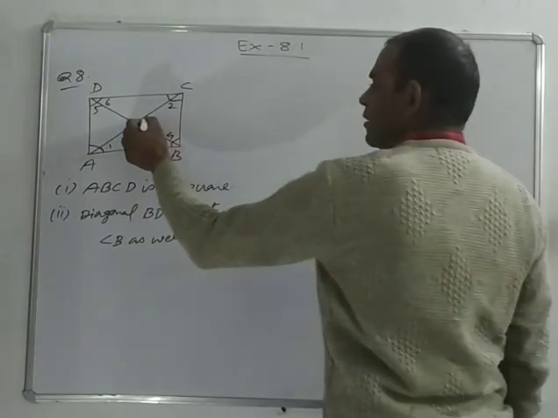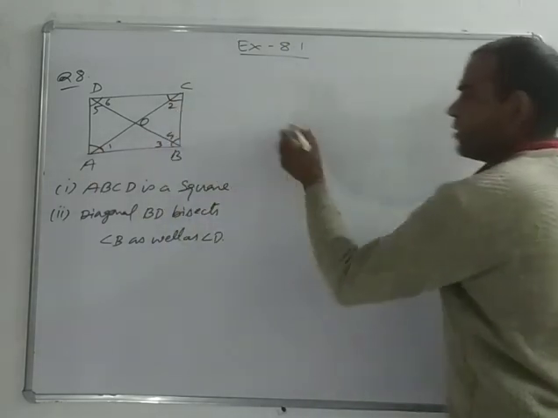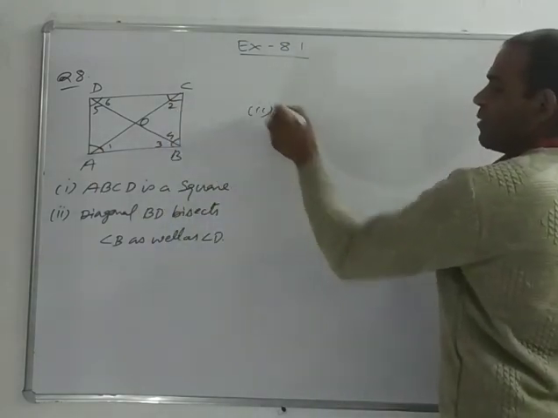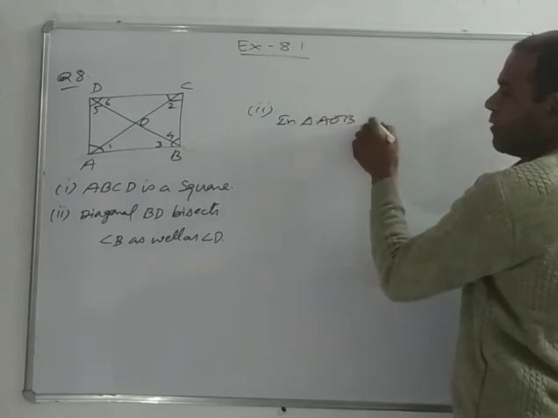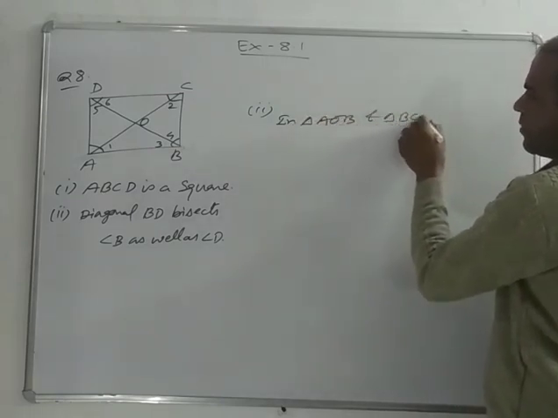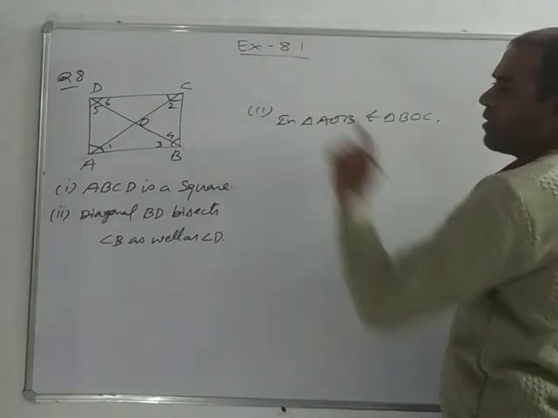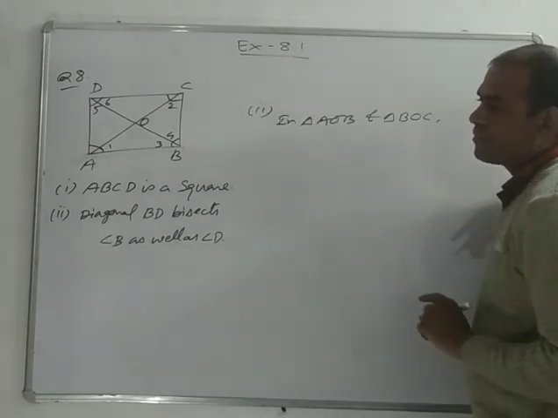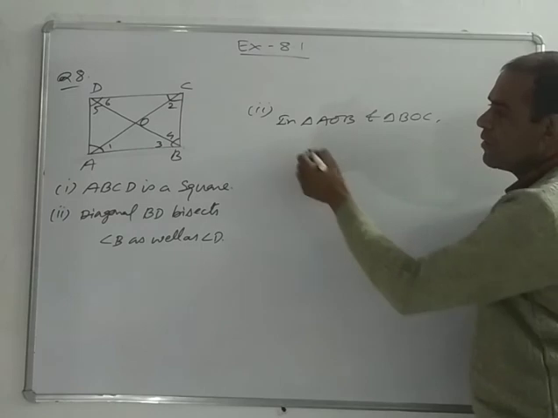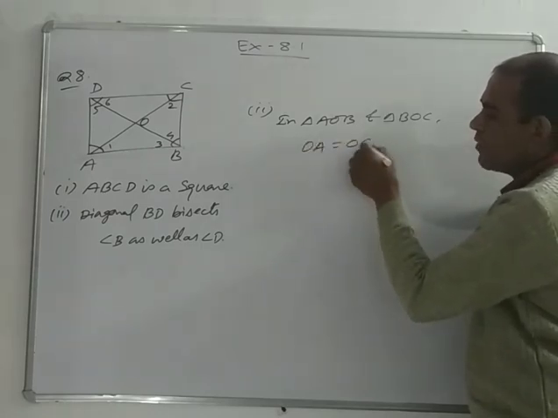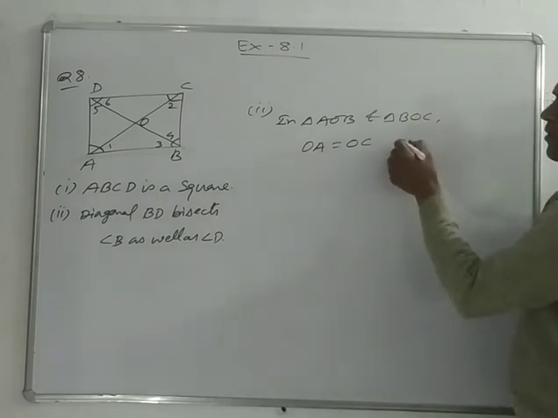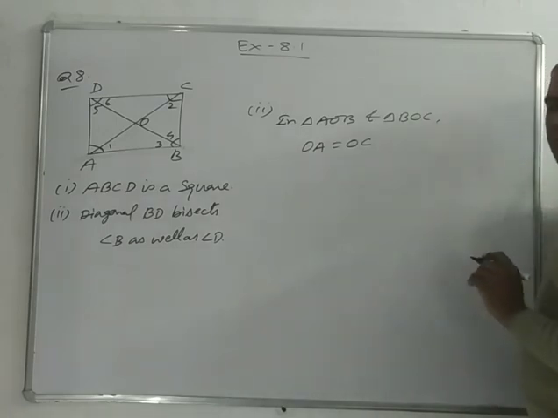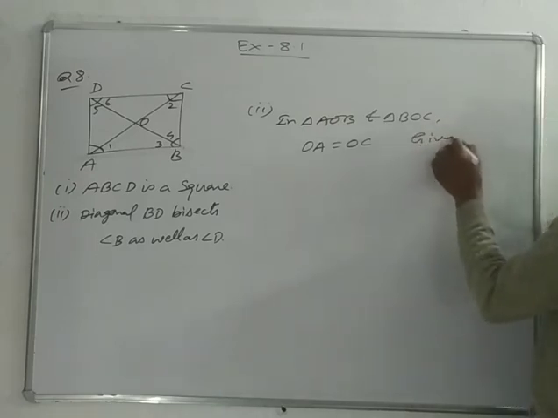Taking the triangles AOB and BOC for the second part, in triangle AOB and triangle BOC, OA equal to OC, diagonals bisect each other because it is a rectangle.